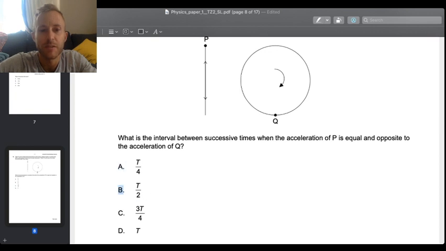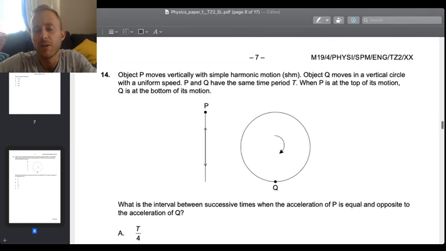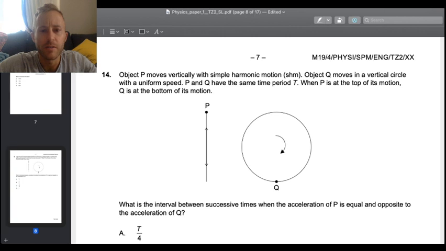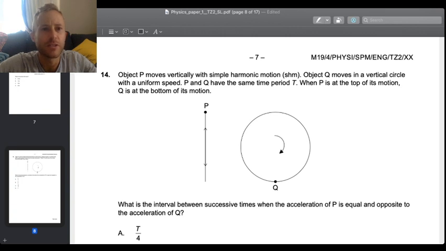The answer is B, period over 2. Now, why do I say that? The accelerations can't be equal and opposite when Q isn't at the top or the bottom.